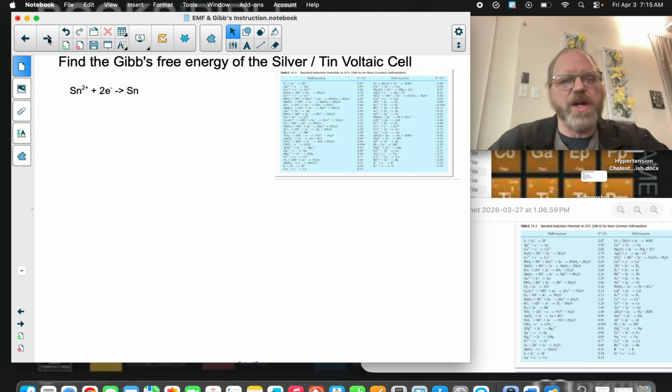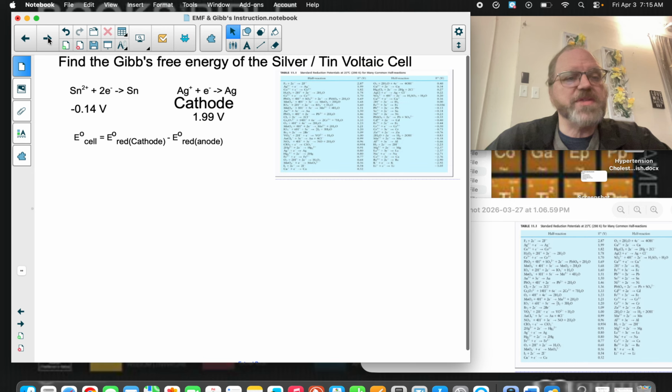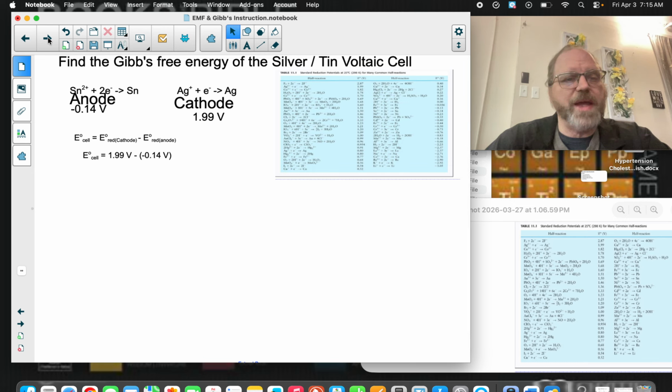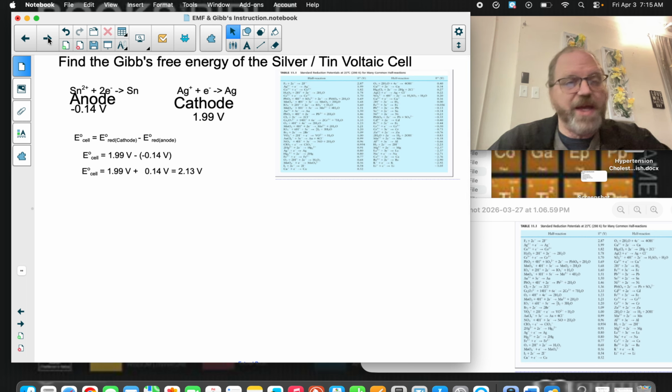So there, using that chart, tin is that reaction. It's a negative 0.14 volts. Silver is that reaction. It's 1.99 volts. So this has got to be my cathode, and this has to be my anode in order to get a positive value. So we end up with a total of 2.13 volts. That's my E naught, my EMF standard.